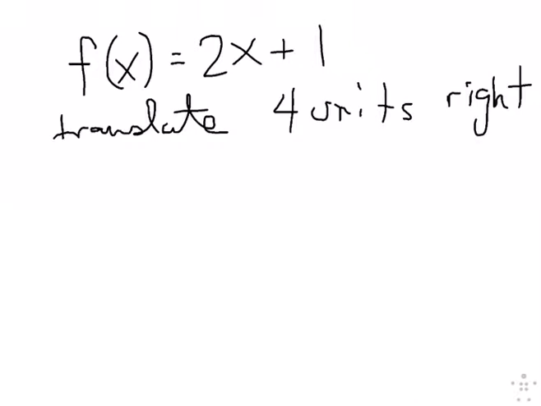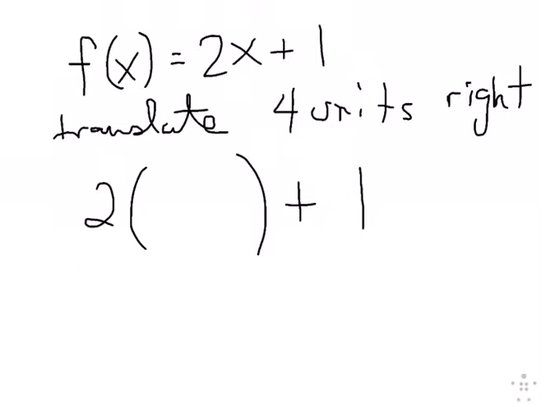So here's what you do for that. If you say it goes on the inside, like if it's either reflect over the y-axis, horizontal, stretch or shrink, or shift left or shift right, then where's the x in the problem? And don't just say right there. Where is it in the problem? It's right by the 2, right? So any place I have an x, what I do for these is I put a parentheses in the place of an x.